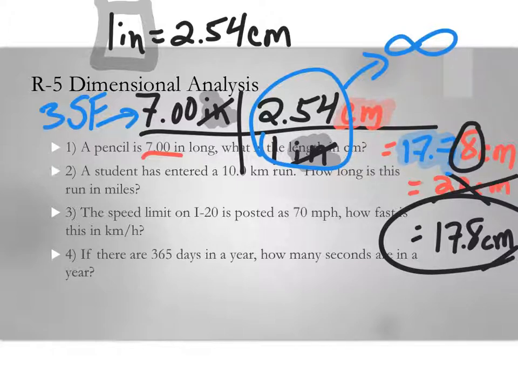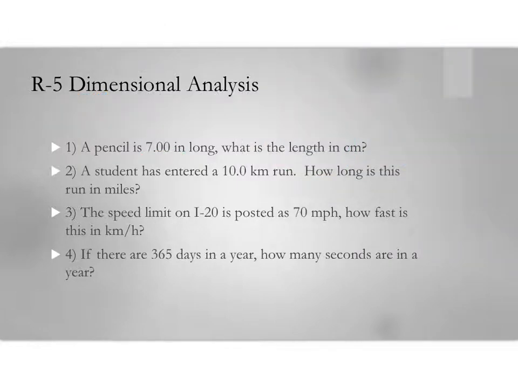All right, and the next one, number 2 there, says a student has entered into a 10-kilometer run. How long is this run in miles? Well, there are different conversion factors you can use, and if we were to just use the same one we had in problem 1, we could say that again, 1 inch is equal to 2.54 centimeters.